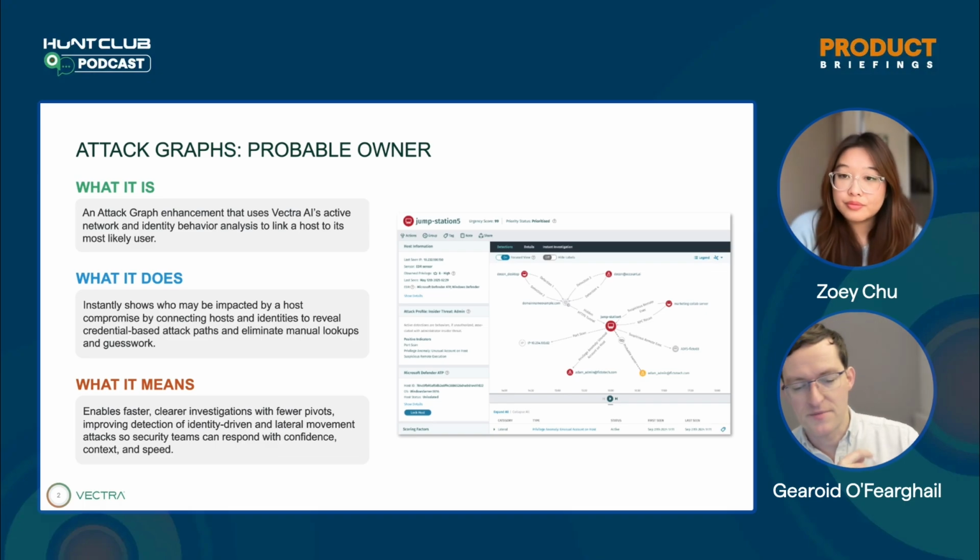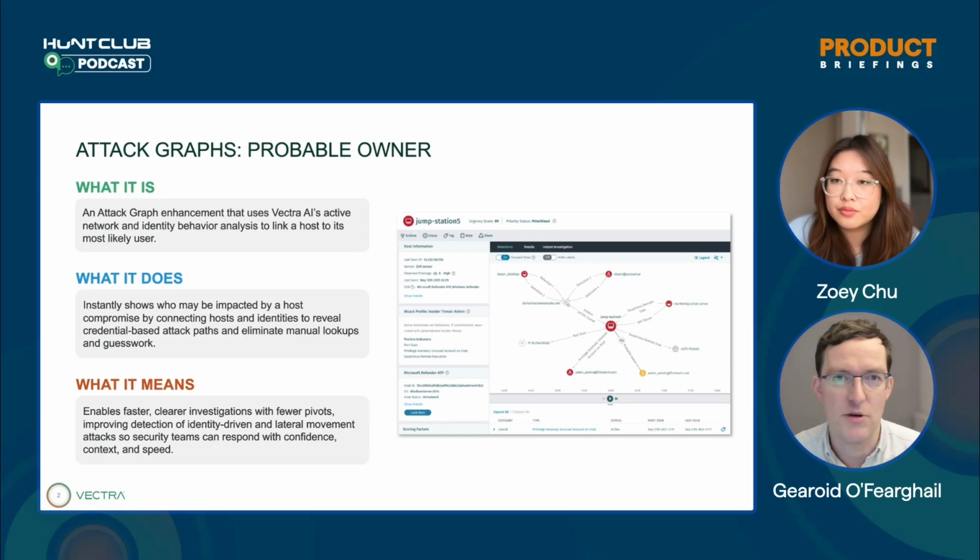Yeah, of course. So effectively, the question becomes, if many people are using a device, how would you decide who the probable owner is? The elements of it are based on analyzing access patterns, and we effectively have a machine learning model which says, given what we're seeing on this device and given what we're seeing on the network, who do we believe is most likely the owner for a given device?